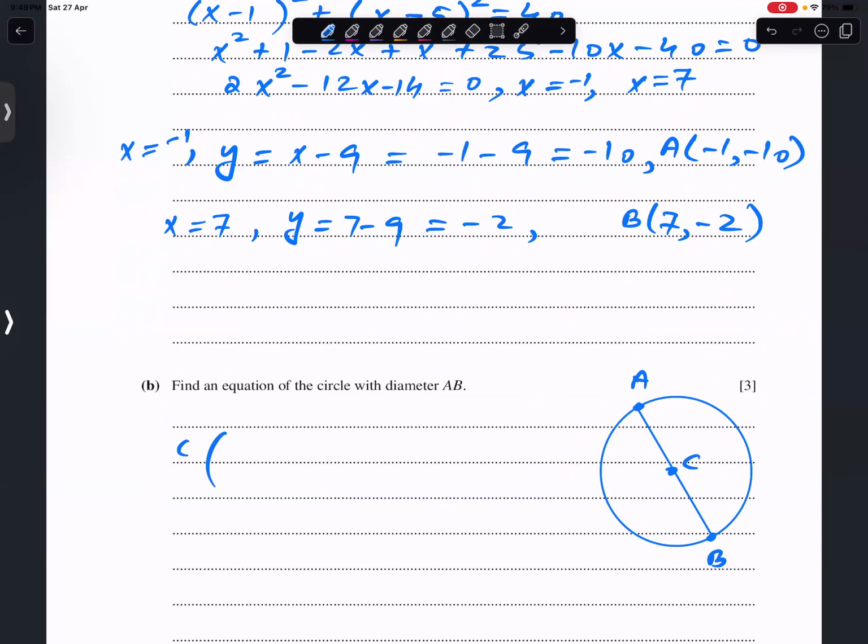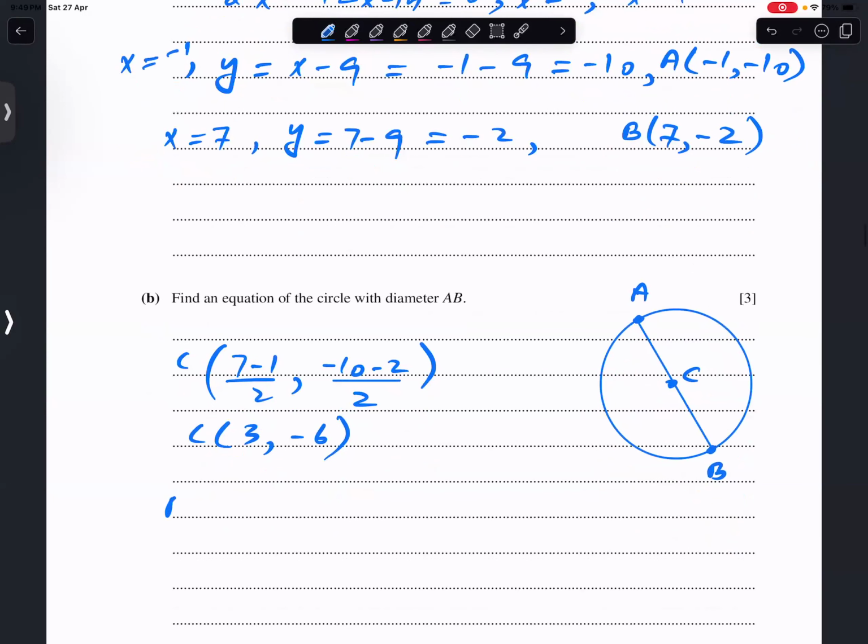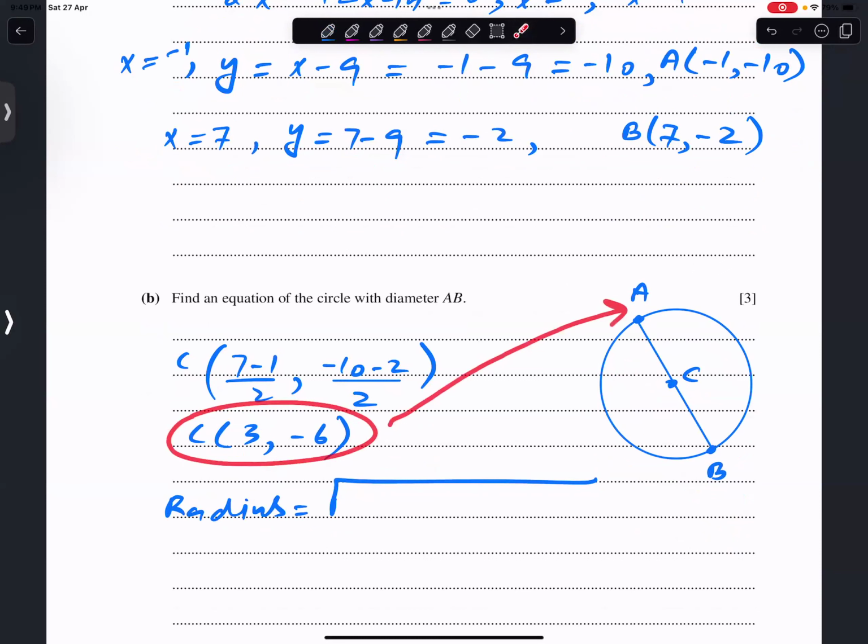So my center will be (7 minus 1) over 2 and (minus 10 minus 2) over 2. So the center will be 3 comma minus 6. And for the radius, we will apply either the distance formula from C to A, or the distance from A to B divided by 2. So I am going to find the distance between A and C.